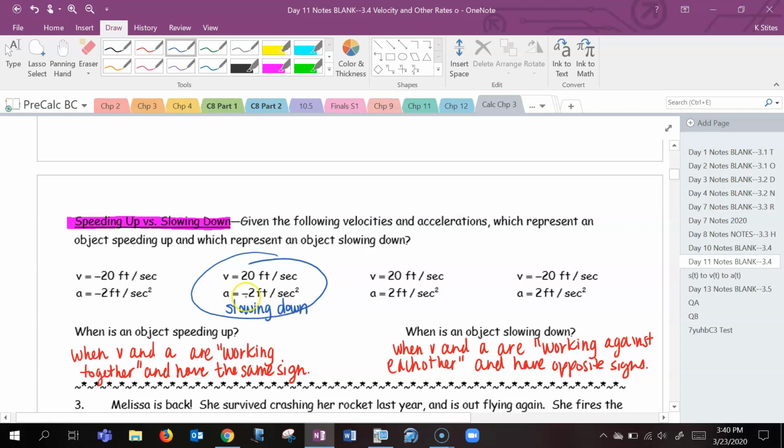Okay, this negative acceleration means that it is accelerating in the negative direction, so downward or to the left, like gravity. Okay, that's also happening here. In this situation, an object is going to the left or down because it has a negative velocity, but the acceleration is pulling it to the right. Well, if the acceleration is going in the opposite direction as velocity, again, we're going to be slowing down.